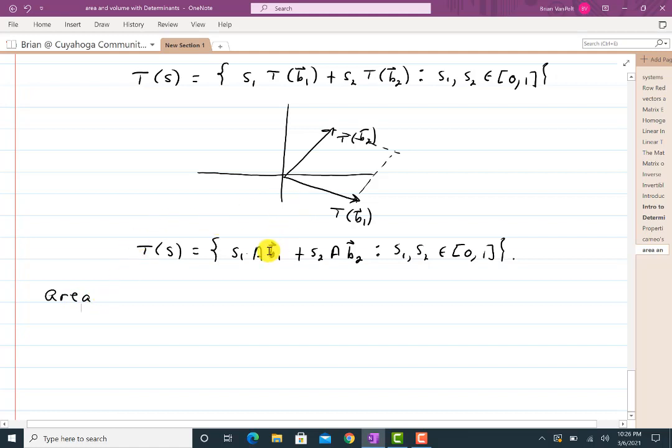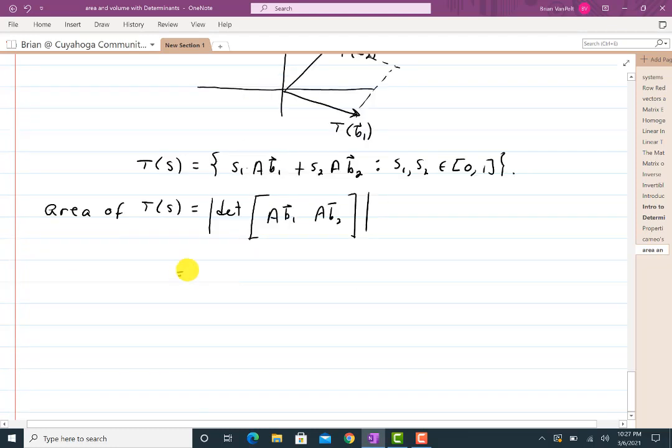So once again, the area of T of S is equal to the determinant of the matrix with columns A B1, A B2. And I need absolute values around that thing. That's the absolute value of the determinant of A times B1, B2.